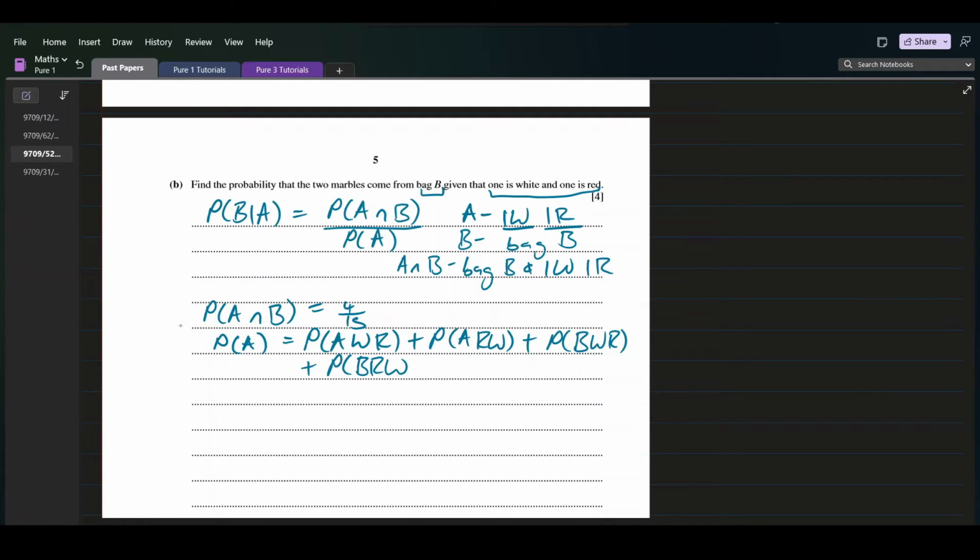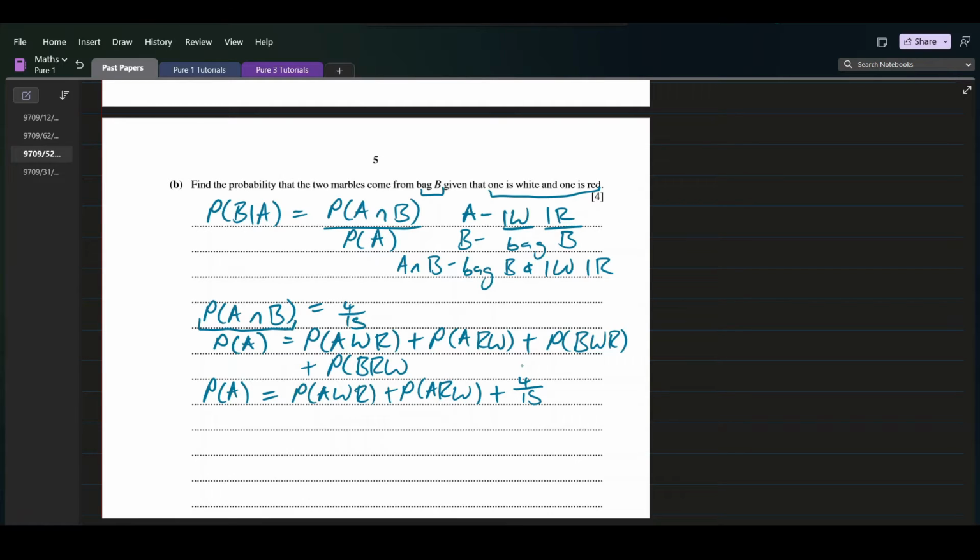So the last two scenarios, you notice that these are basically probability of A intersection B. So probability of A can simply be written as the probability of peg A white red plus peg A red white plus the 4/15.